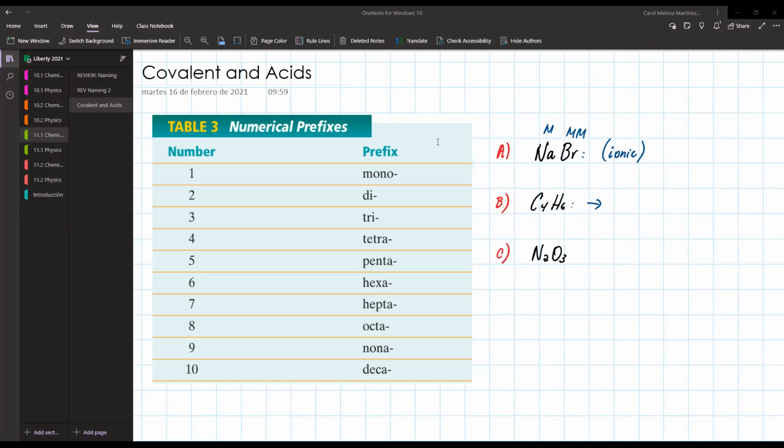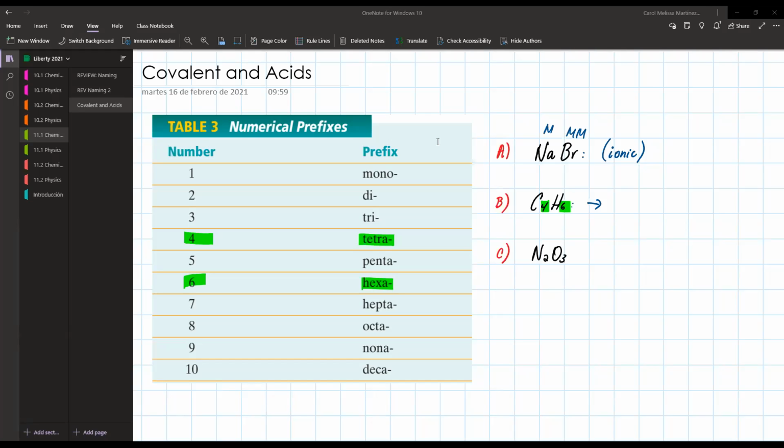So you need to take a look at the subscript 4. You're going to look for it here. See, number 4, the prefix is tetra. And for hydrogen, which has a subscript of 6, the prefix that you must use is going to be hexa. Okay? So how can we name it?